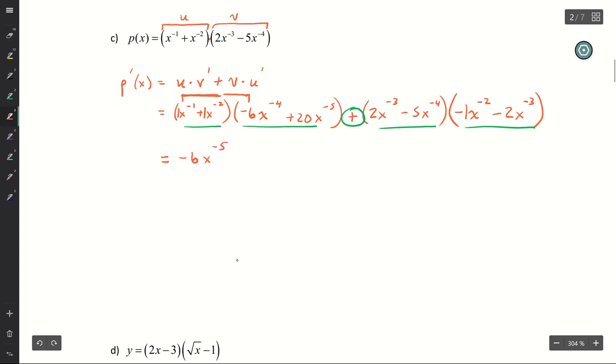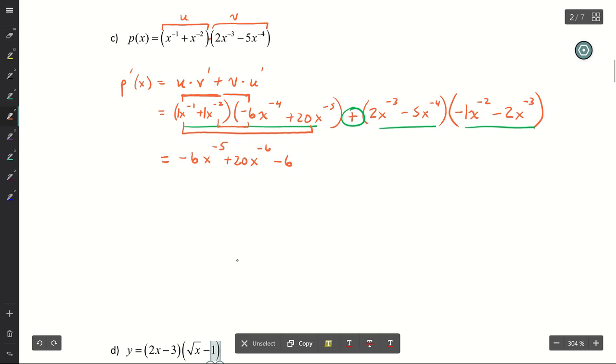Now when we do the outer, these guys out here, we're multiplying 1 times 20, which is 20, and then we're adding the exponents -1 and -5, so it would become x to the -6. Now we're going to do inner, so these two terms. We'd multiply a +1 times -6, so that's -6, and then add the exponents on the x's, so -2 plus -4 would be x to the -6.